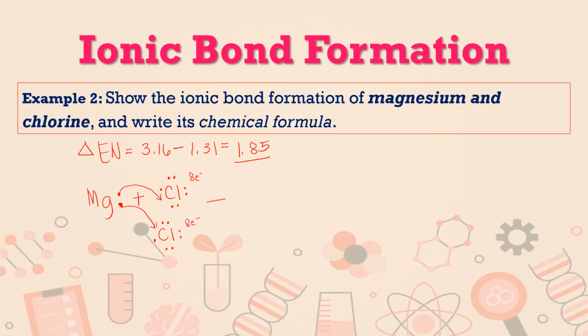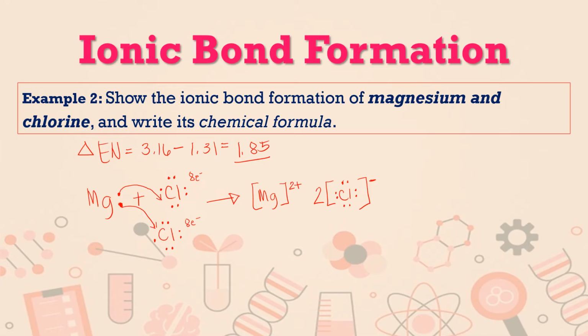So if we are going to assign charges to these elements, since magnesium lost 2 electrons, the charge therefore is positive 2. And since we used 2 chlorine atoms, and each chlorine atom received or gained 1 electron, the charge of each chlorine therefore is -1 or simply negative.